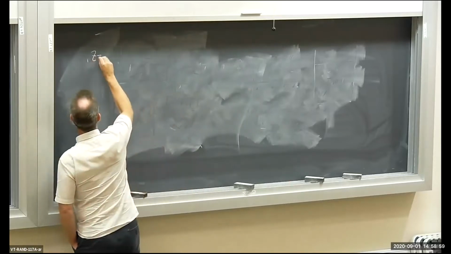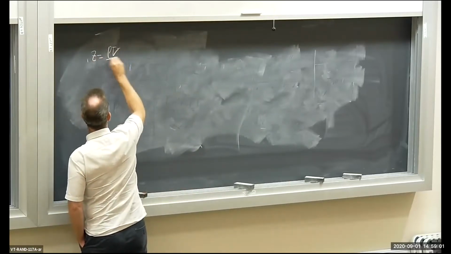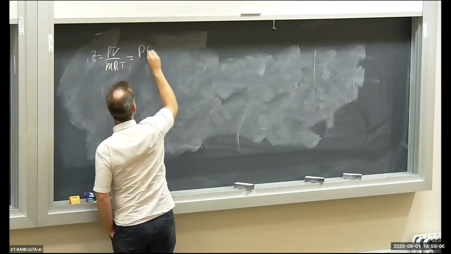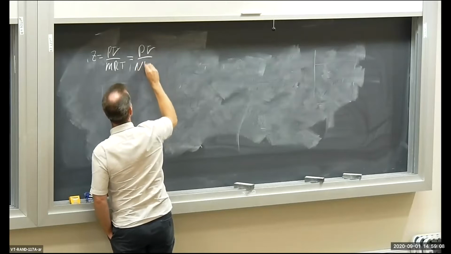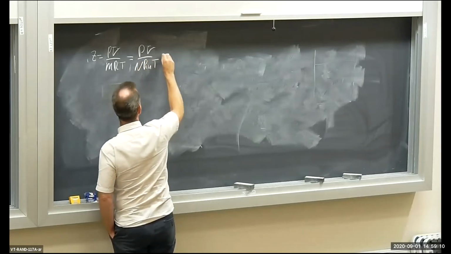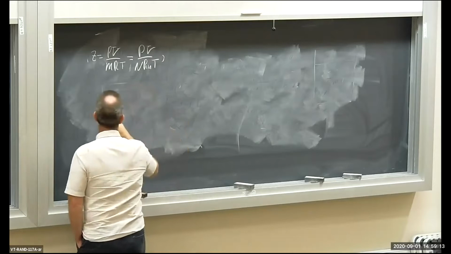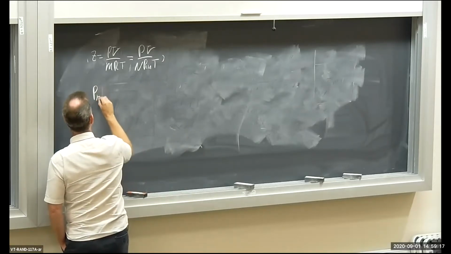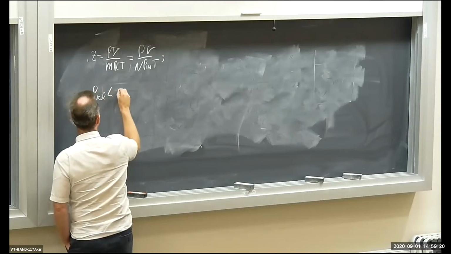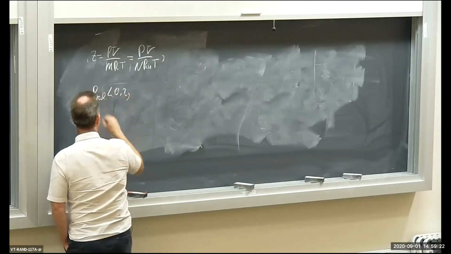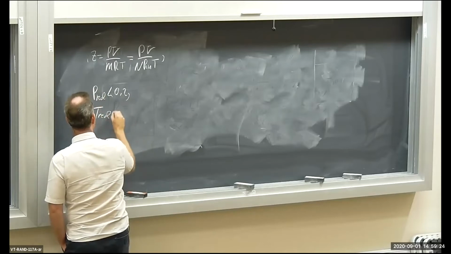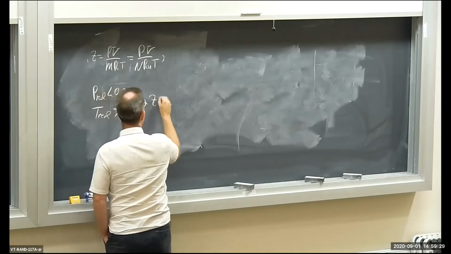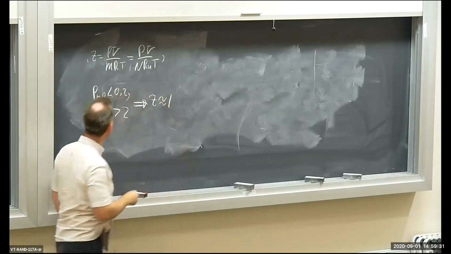So Z is equal to PV over M RT, which is also equal to PV over N RUT. And for reduced pressure less than 0.2 and reduced temperature greater than 2, Z is approximately equal to 1.